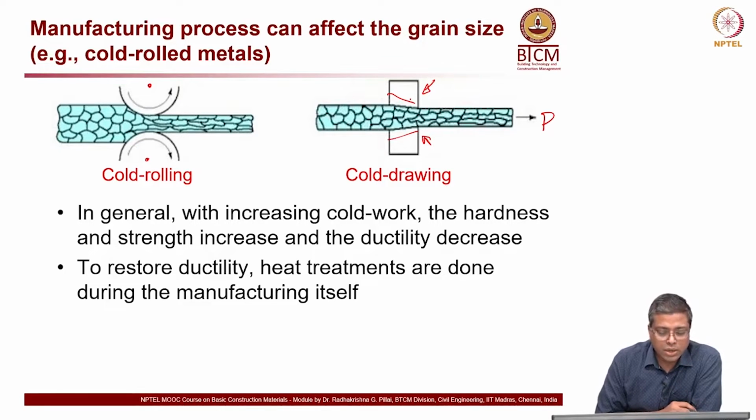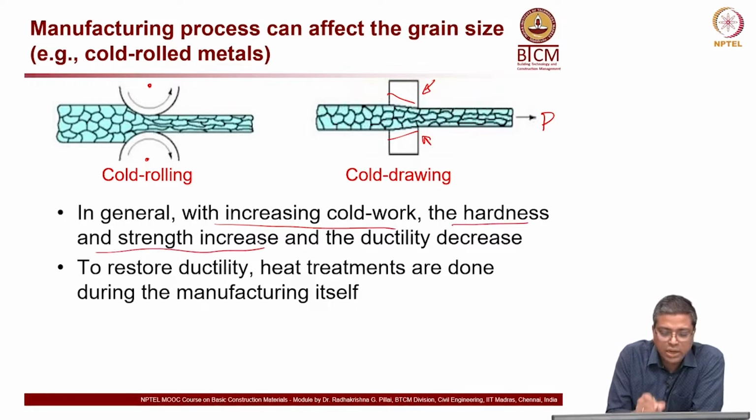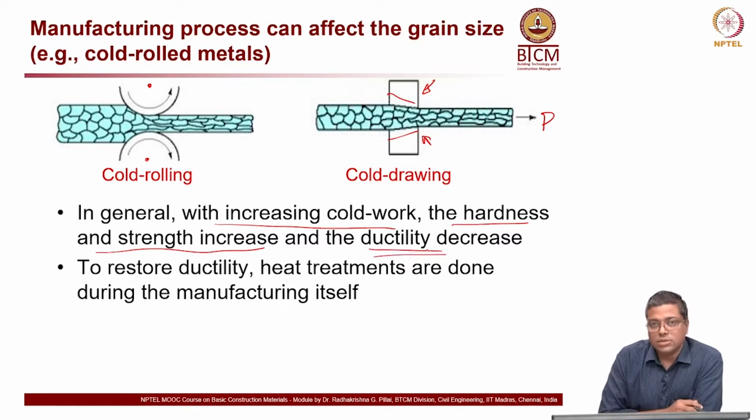And mainly to increase the yield strength. That is typically what we do this for. So this process changes the microstructure, and in general what happens is with increasing cold work, the hardness and strength increase, okay, and the ductility decreases.